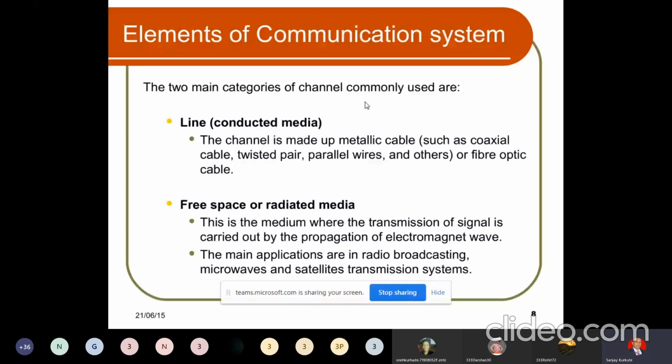Nowadays people are switching from this direct channel to the free space or radiated media channel. So the medium of transmission here is a signal carried by the propagation of electromagnetic waves: radio broadcasting, microwaves, and one more is satellite transmission systems, right?